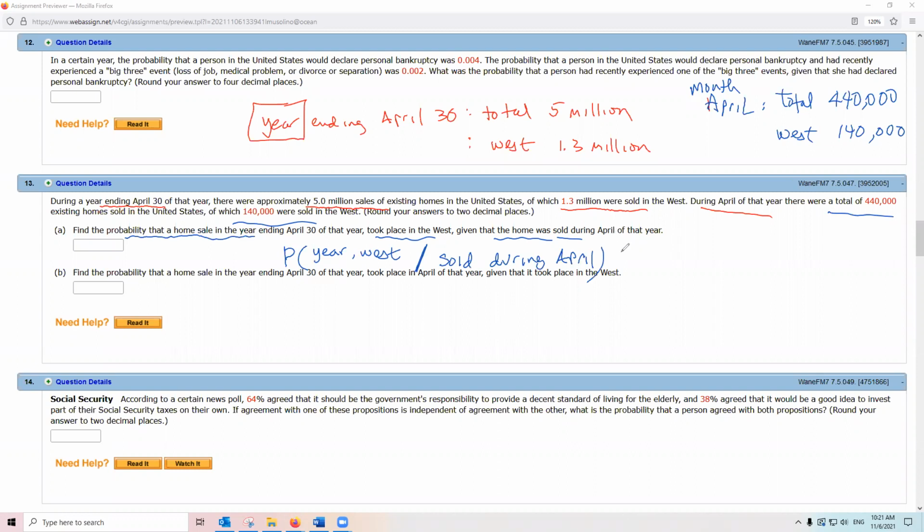All right, well, I know I can use the formula that says this is going to be the probability that a home was being sold in the West and in April, divided by the probability that the home was sold in April.